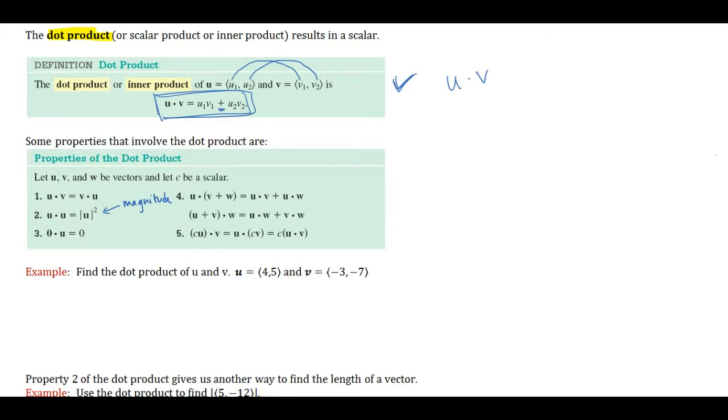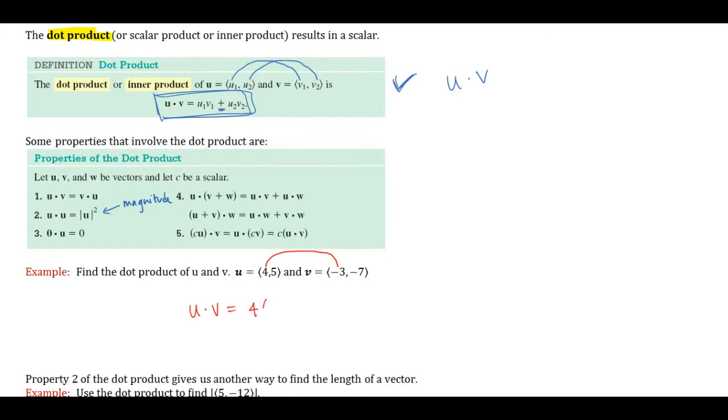So let's go ahead and talk about this first example. Let's find the dot product of u and v. I define vector u as <4, 5> and vector v as <-3, -7>, and I want you guys to find that dot product. All the dot product is, you will multiply u's i term with v's i term.